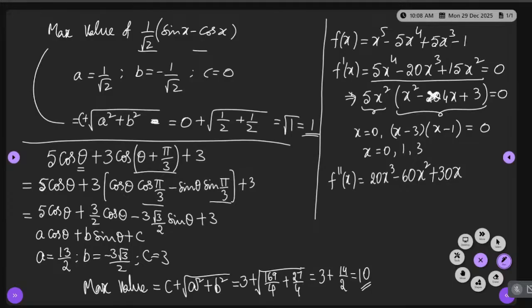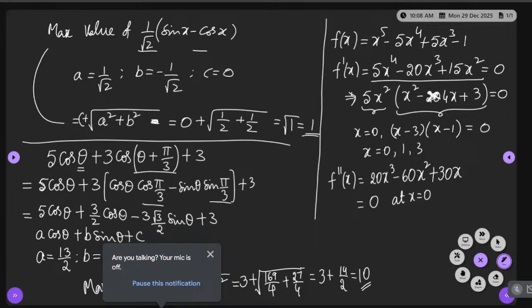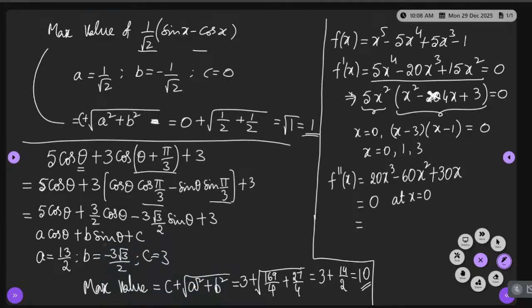This is 0 at x equals 0. Next, at x equals 1: 20 minus 60 plus 30, negative. So it attains maxima.